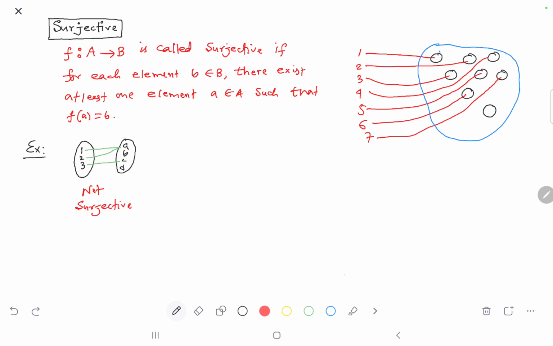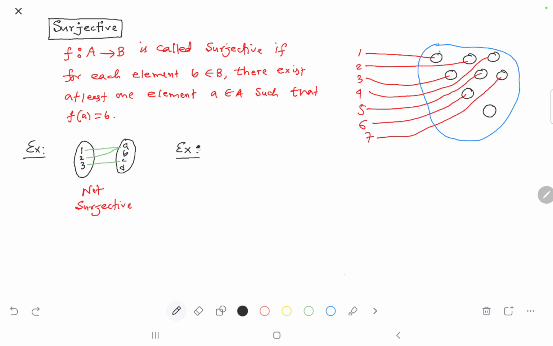If you have a finite set and you have a diagram, it is easy to check surjectiveness because everything you can see in front of you. But if you have an infinite set and there is a formula, you have to be strong with the formula. That is challenging for you.